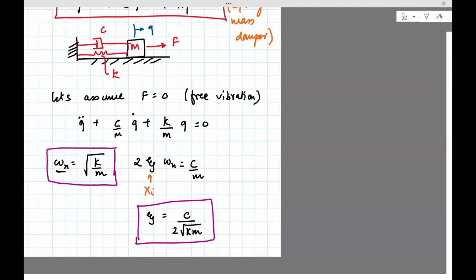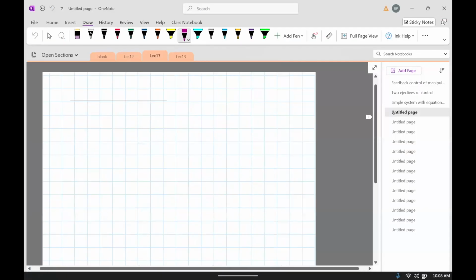Right? So there are different values which psi can take. It only depends on the damping constant, something which you can tune. So there are three cases which people look at. One is psi greater than 1. In this case, C is greater than 2 square root of KM. This is known as the overdamped case.